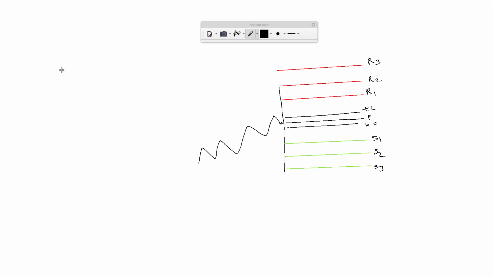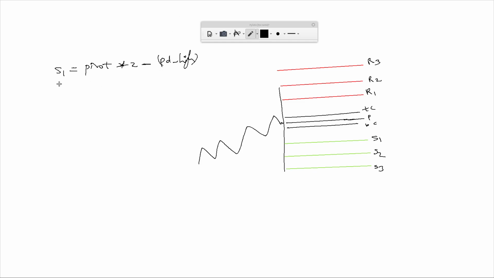Now the S1 formula is we take pivot, multiply it by 2 minus previous day high.